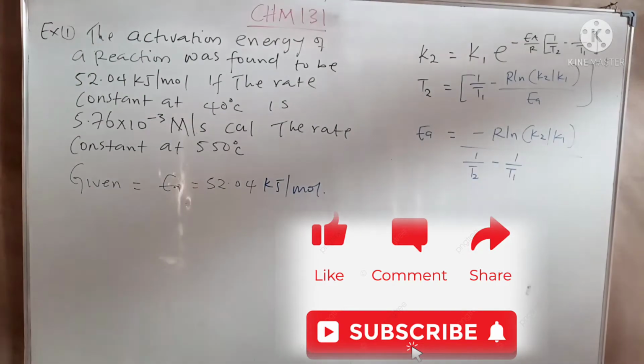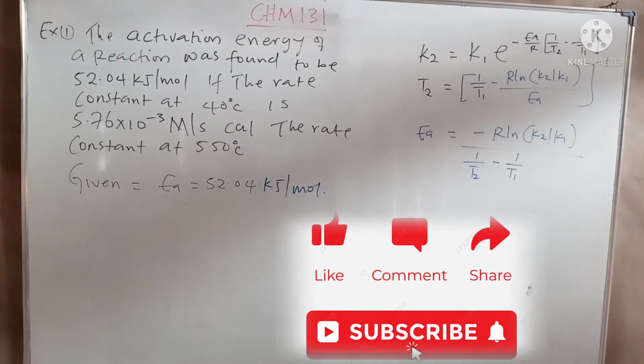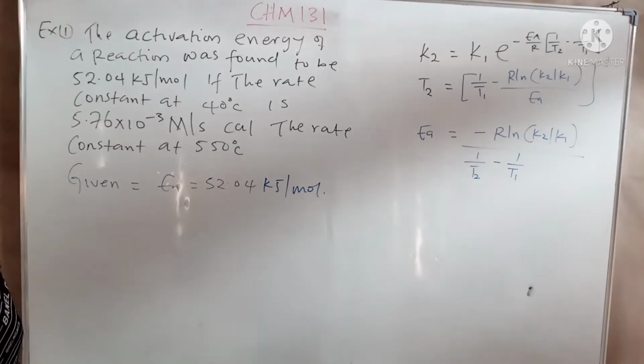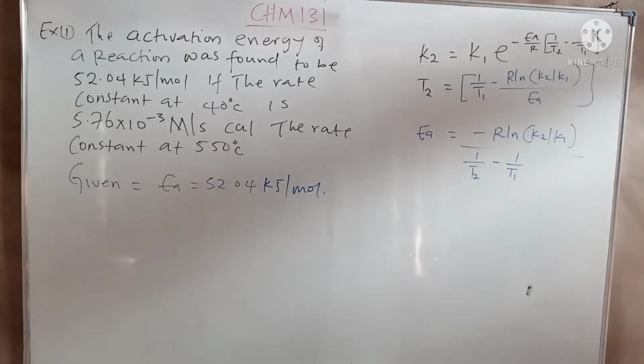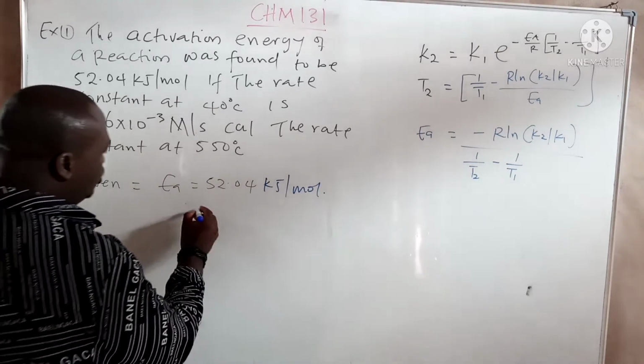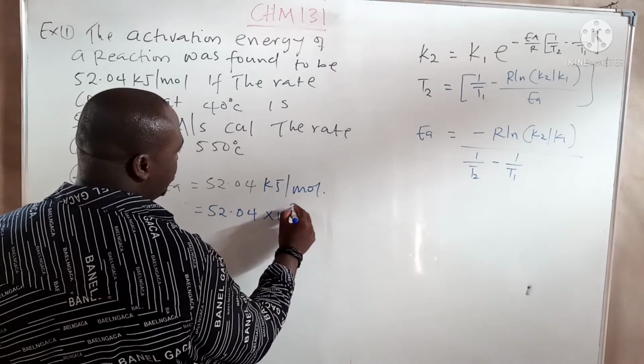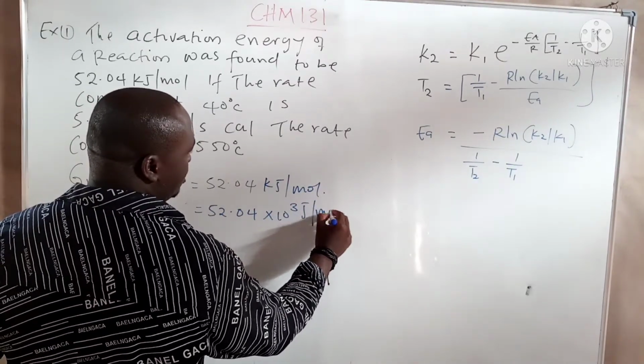Therefore, you have to times it by 1000. Whenever the activation energy is in kilojoules, you times by 1000. So times by 1000 means that this will now change to 52.04 times 10 raised to the power of 3 joules per mole.